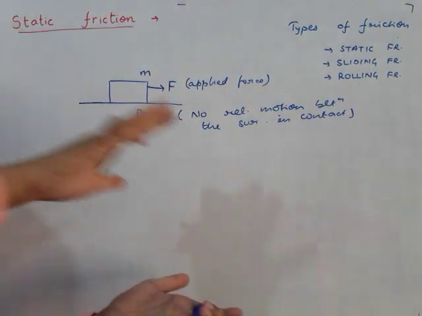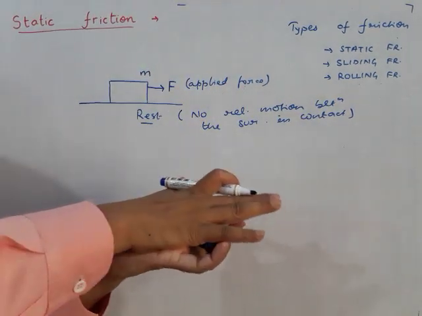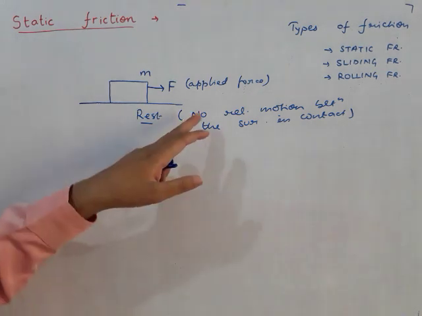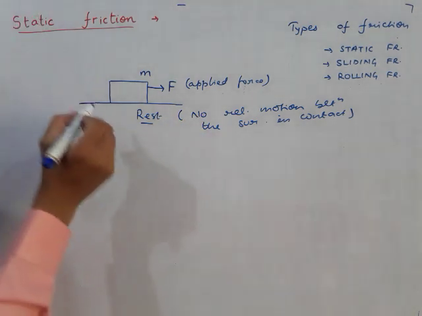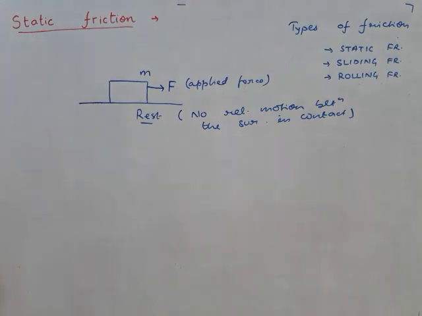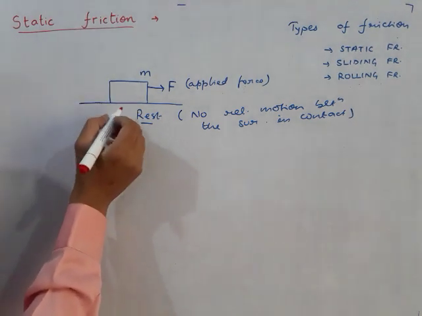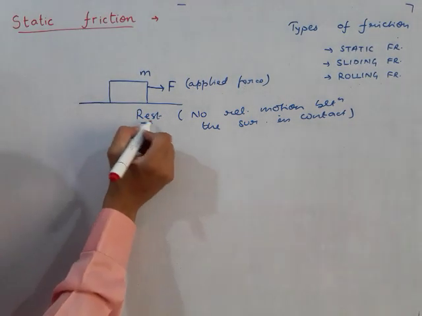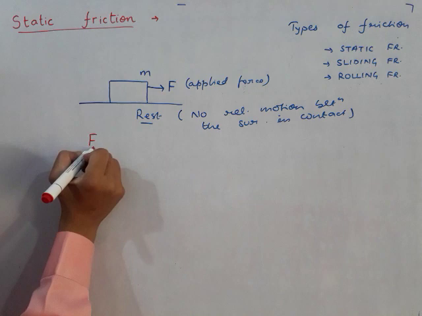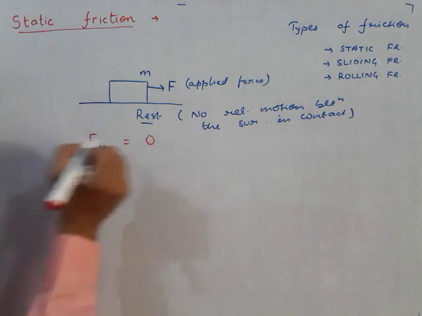This is one surface, this is the other surface. There is no relative motion between the surfaces in contact. I had discussed in the last class, this is possible only if the net force on the object is 0. Since the object is at rest, the net force must be 0.